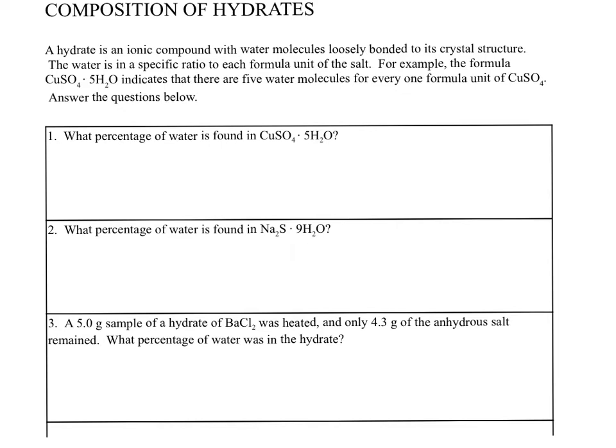So number 1 was just: what percentage of water is found in copper sulfate pentahydrate? This is copper 2 sulfate. It's good practice to keep naming these things. Pentahydrate.